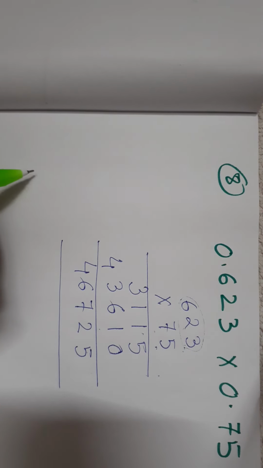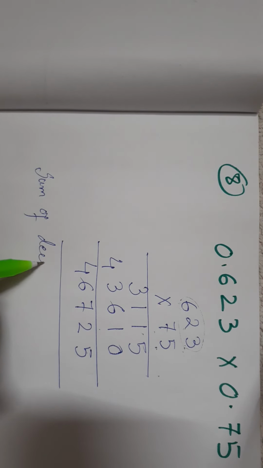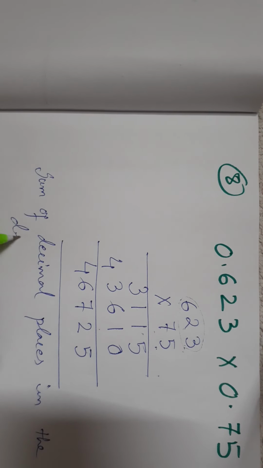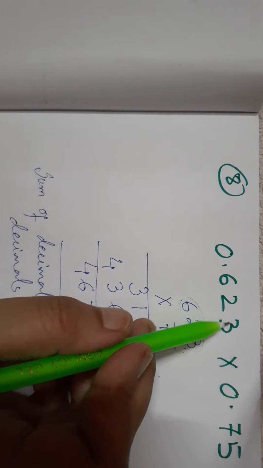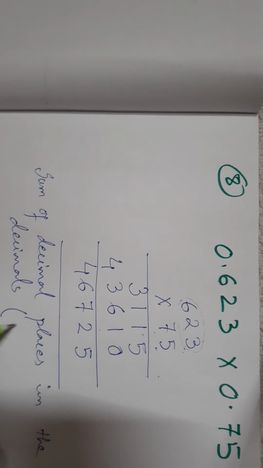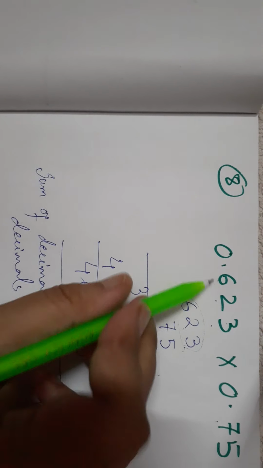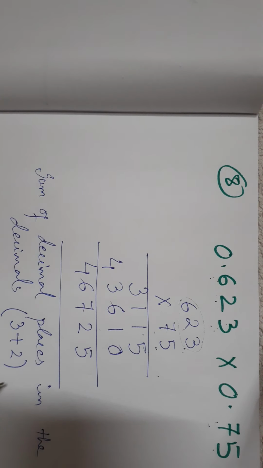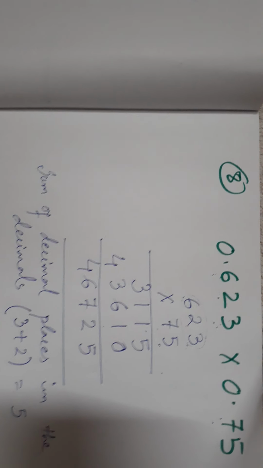So now we need to count the sum of decimal places in the given decimals. Counting from the right side, here we are getting 1, 2, 3, so 3, then 1, 2, that means 3 plus 2. Ultimately we are getting 5.